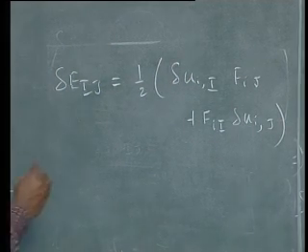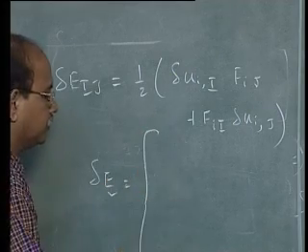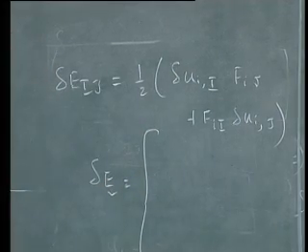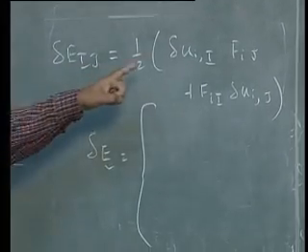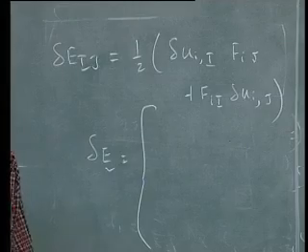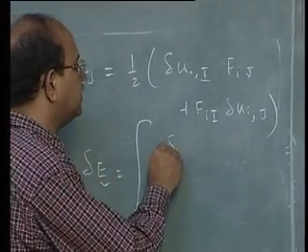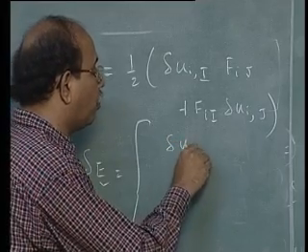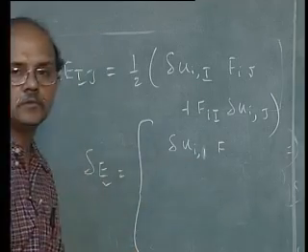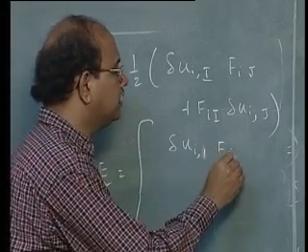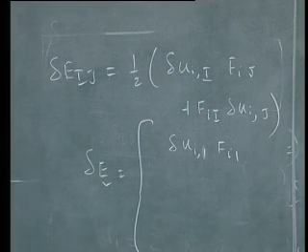This is the δE_ij expression. It's very useful to write this in a slightly different form, in the matrix form, because that's how we are going to work. So δE_11 would be, of course, there is summation in terms of i, δu_i,1 F_i1. Right? Look at that.